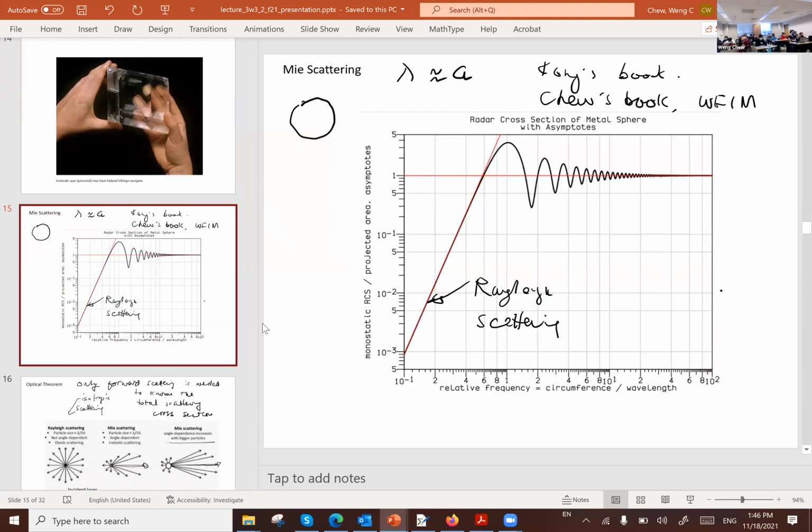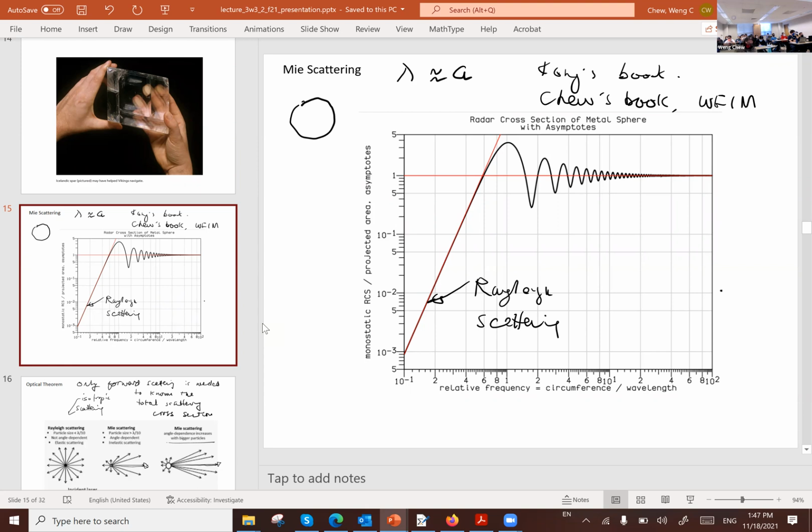Another thing that is important is small-particle scattering, where the dipole is used on the small particles. We find that as you increase the frequency of the electromagnetic wave, the scattering cross-section will look something like this.